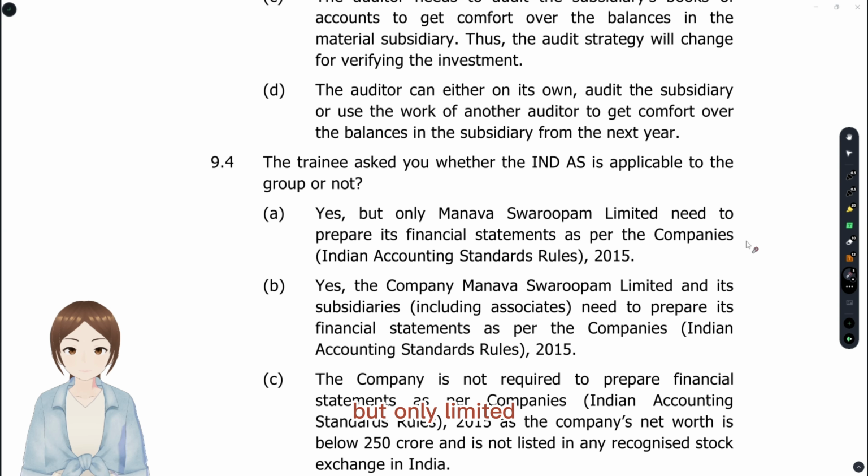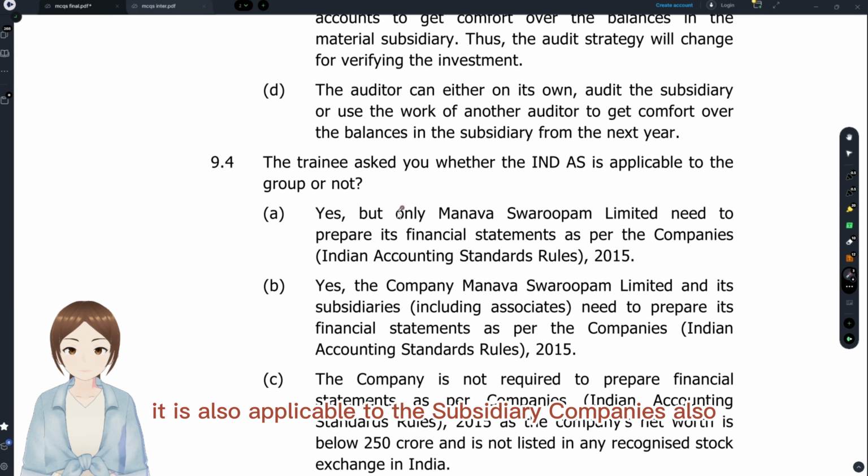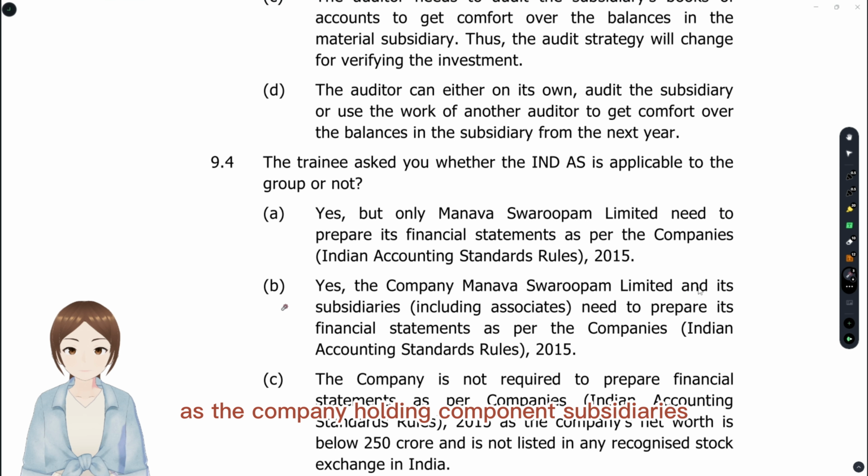If Ind AS is applicable to the group, it is also applicable to the subsidiary companies. The holding company and its subsidiaries need to prepare their financial statements as per Ind AS rules. Option B is the most appropriate answer.